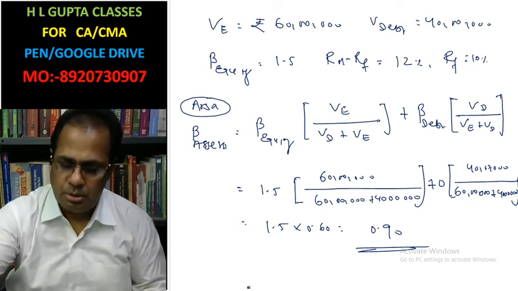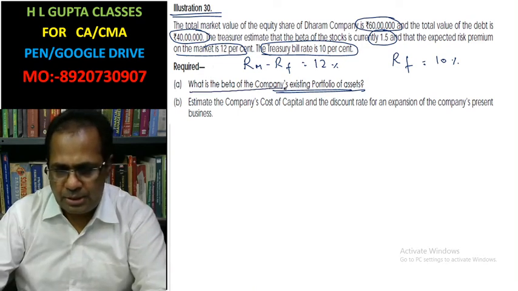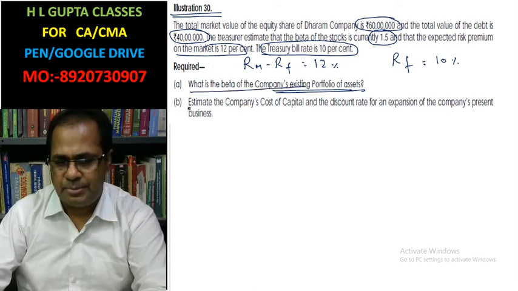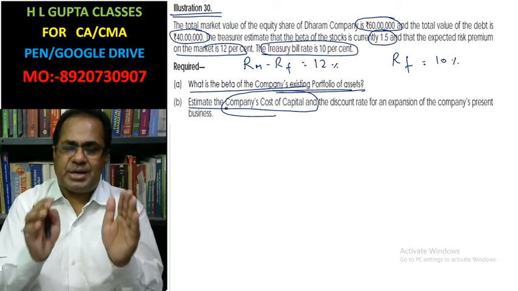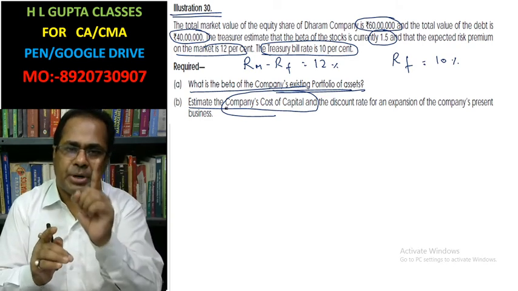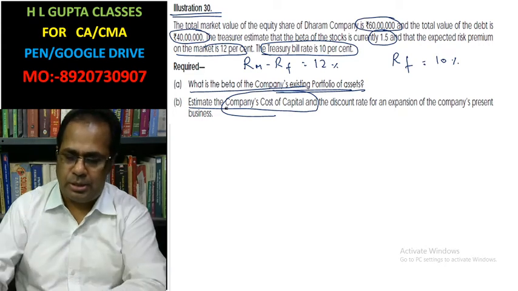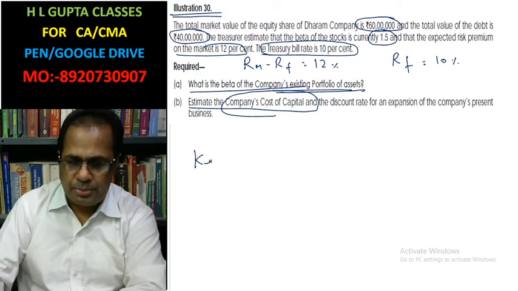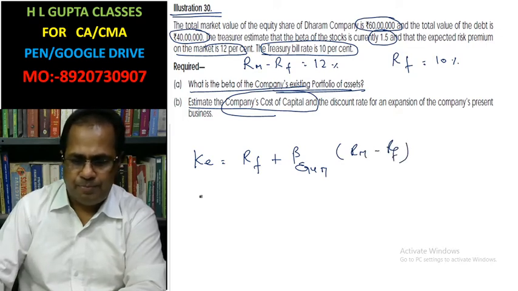Okay, now in the next question, estimate the company's cost of capital. Cost of capital is the expected return as per CAPM, but for beta you have to write beta assets. In the case of cost of equity, you write risk free rate of return plus beta equity into RM minus RF.